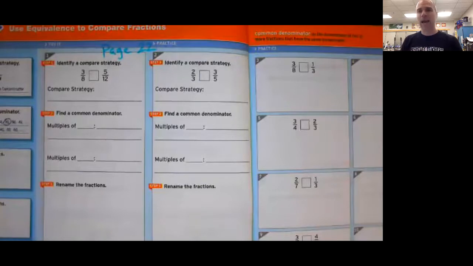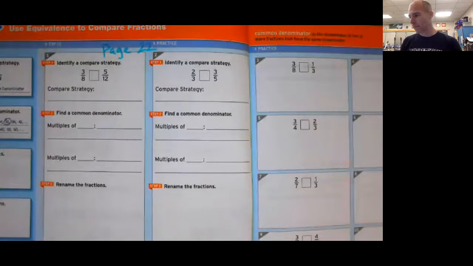We're doing the same thing with a half. If one is bigger than a half and one's not bigger than a half, then you could make an easy comparison there. But in the end, the best strategy that always works is just identifying a common denominator and then turning both of those fractions into equivalent fractions that have the same denominator. And then you can make a really easy comparison.